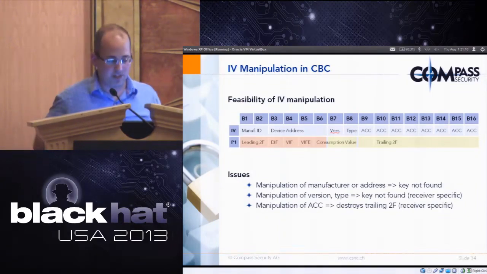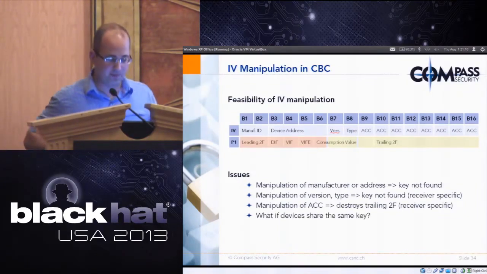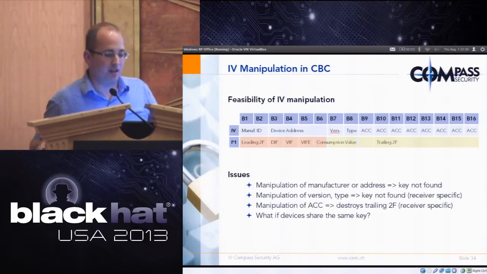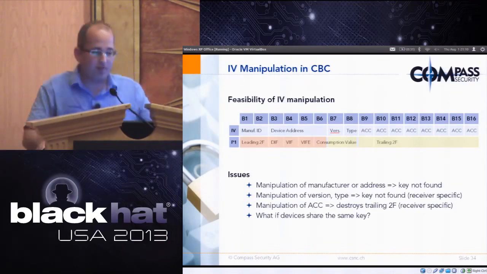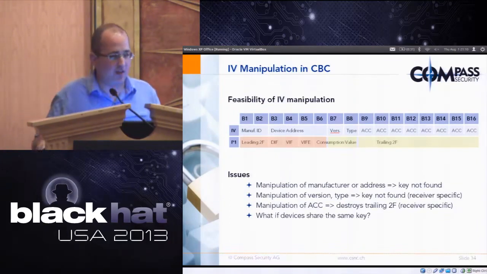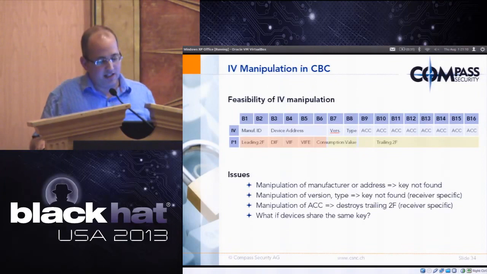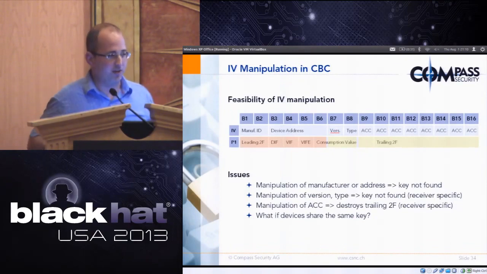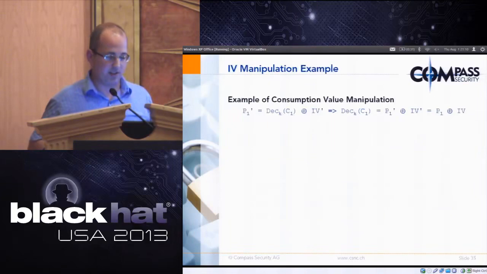So some take care of it, some don't. There's an interesting question. If you have multiple meters using the same key, then you could actually manipulate part of the manufacturer ID and the device address. I would say normally you would have the same key on the same manufacturer devices, so you could only manipulate the device address, and exactly at that position you want to manipulate, there must be a meter which has the same address. So this is very unlikely, but it could be an option, a theoretical one.